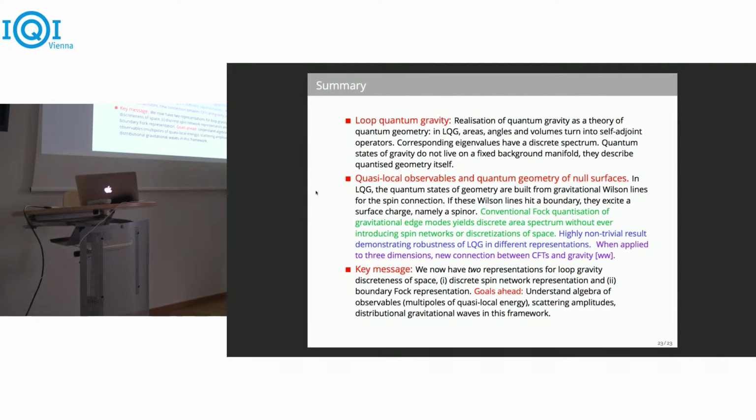And by subsystems, I mean in that context regions of space-time with a boundary where the boundary is at finite distance, and then I want to find observables and quantize them. And some of these observables have been identified, such as the area of the cross-section or angular momentum. So the idea is somewhat reversed.